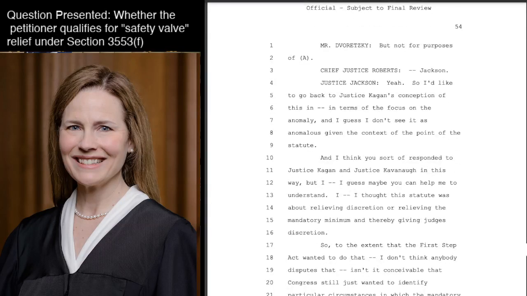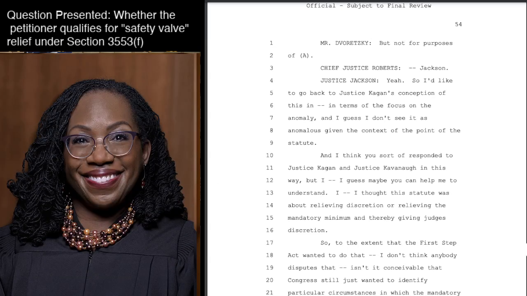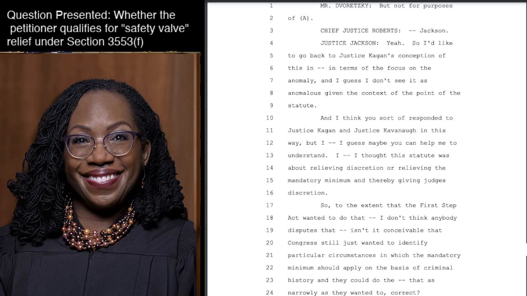Yeah, so I'd like to go back to Justice Kagan's conception of this in terms of the focus on the anomaly. And I guess I don't see it as anomalous given the context of the point of the statute. I thought this statute was about relieving the mandatory minimum and thereby giving judges discretion.